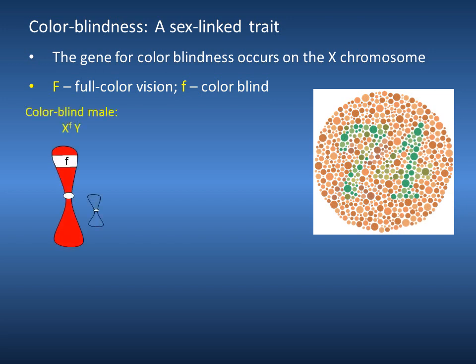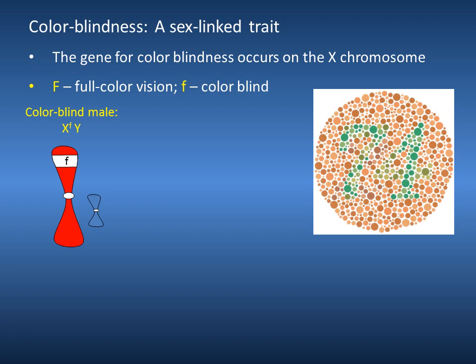Now, for a colorblind male, we would have to designate, first of all, that this is a male and use the X and Y symbols. And to denote that the male is colorblind, we would use the recessive allele as a superscript on that X chromosome. And of course, there is no allele on the Y chromosome, and thus we don't put one there in the symbolism.